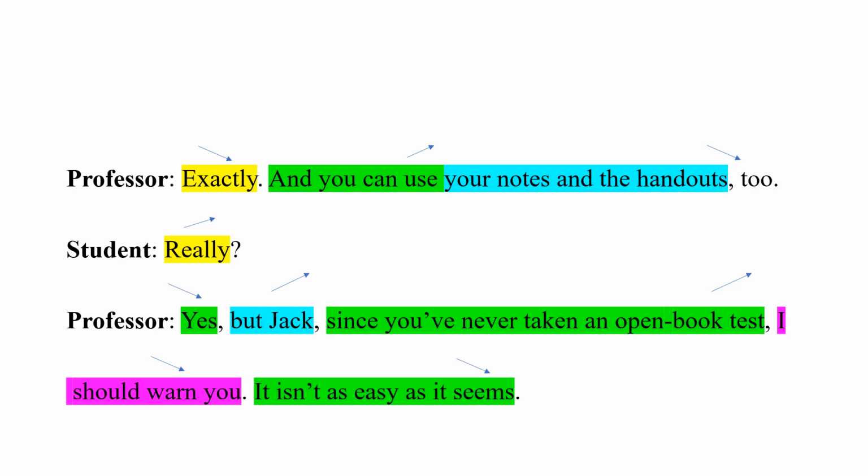The green one is an adverbial clause, so this thought group takes a rising intonation. The purple one, I should warn you, is a short statement, so it takes a falling intonation, and for the same reason, the last green thought group takes a falling intonation.